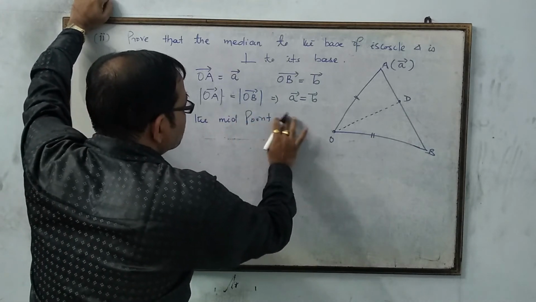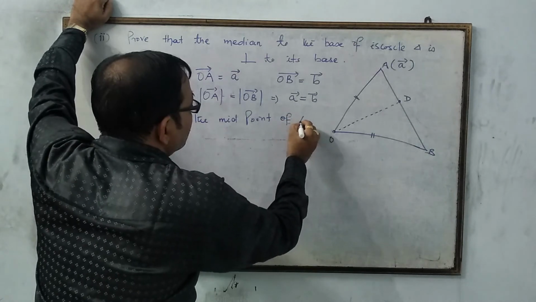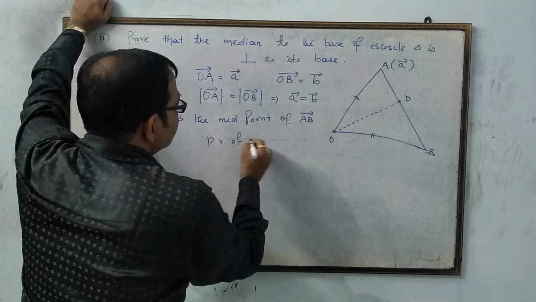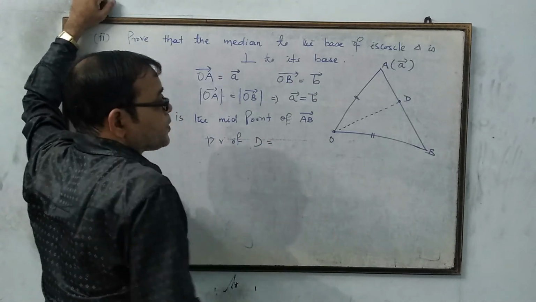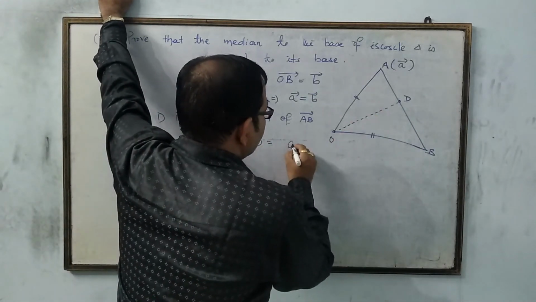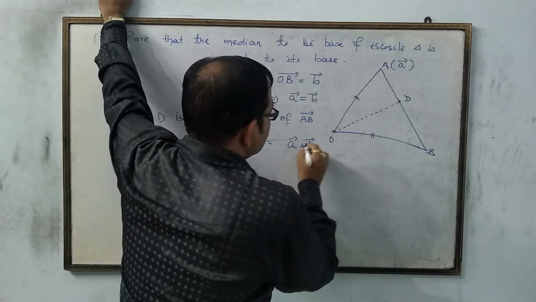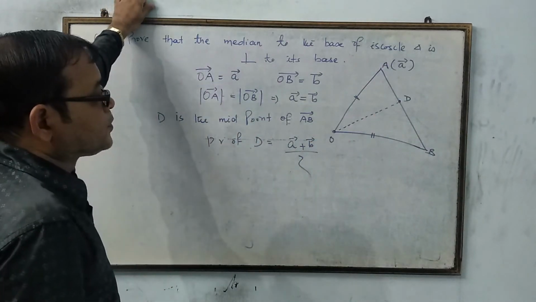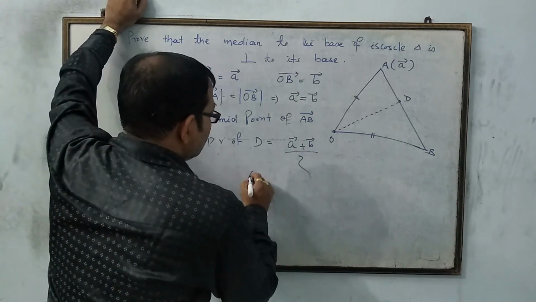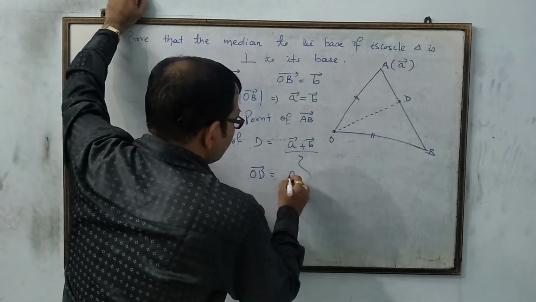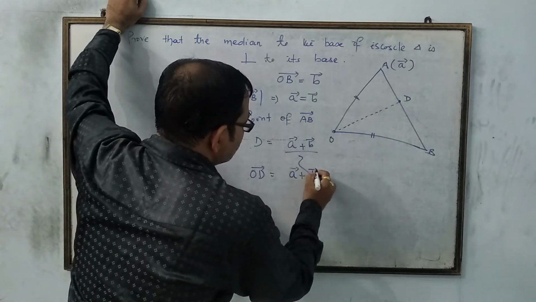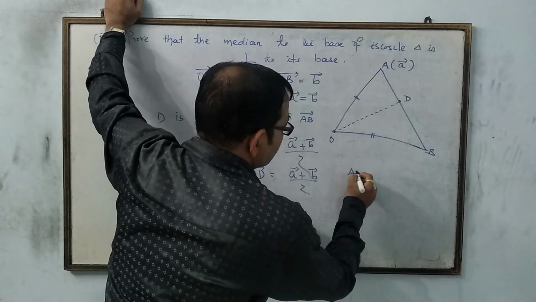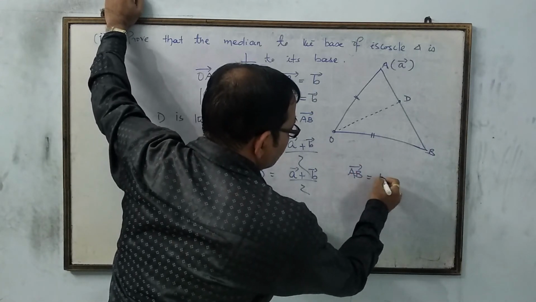What is the position vector of D? Yes, the answer is A plus B by 2, midpoint formula. Then OD is A plus B by 2. What is AB? It is B minus A.